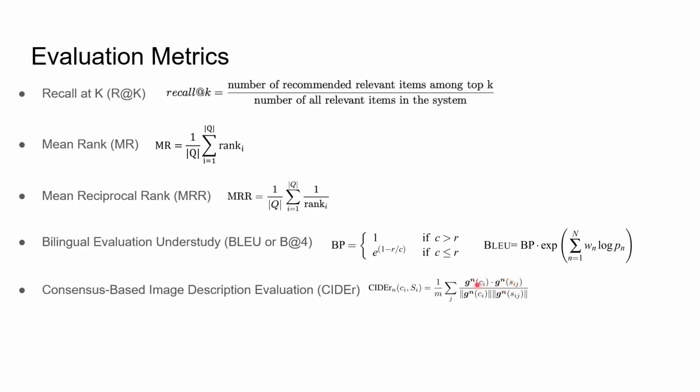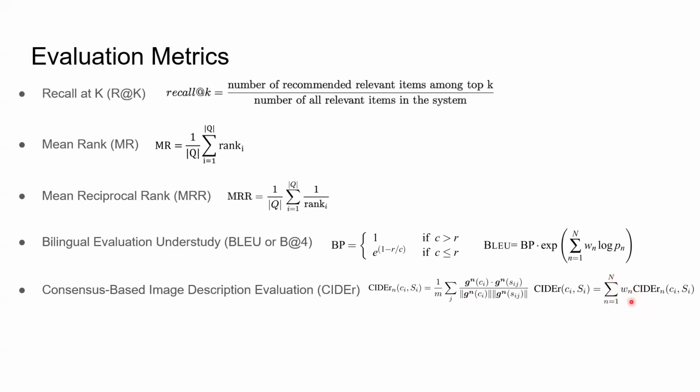This value is then multiplied with g n of c i. This represents a vector that corresponds to all the n-grams of length n for the candidate. Then you basically get all these CIDEr n values, you multiply them by the same weight, 1 over n, and you get them for all values of n from 1 to n.